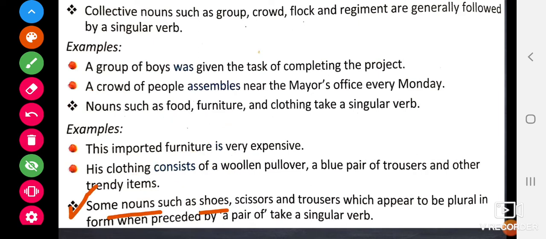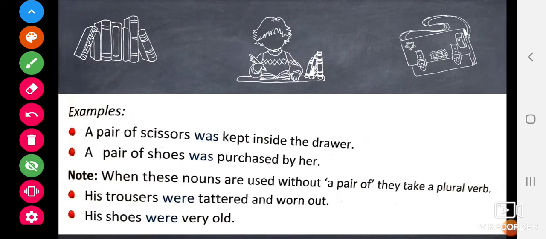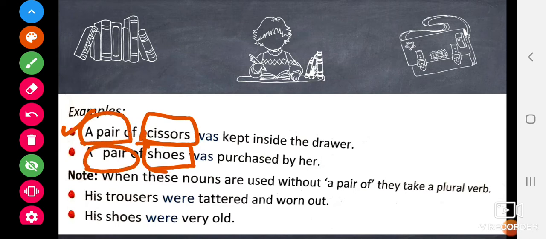Some nouns such as shoes, scissors, trousers, which appear to be plural in form, when preceded by a pair of, take a singular verb. Whenever we have subjects like these, if they are preceded by a pair of, the verb is always singular.